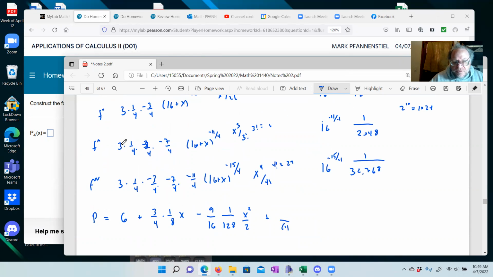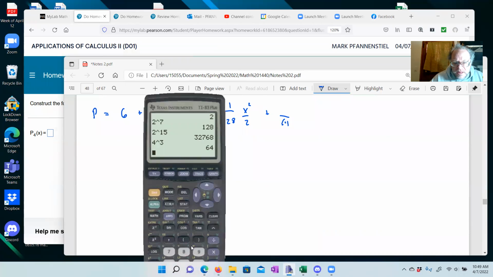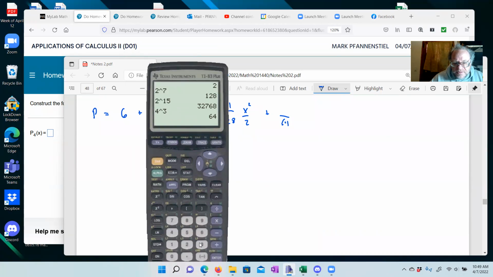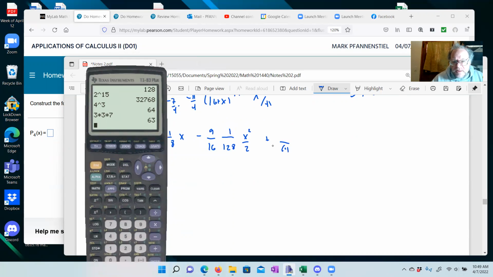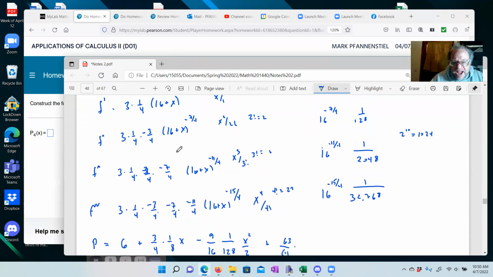And we have 3 times 3 times 7. So 3 times 3 times 7 is going to be 63. Times, what is my power issue here? So we're on this one.